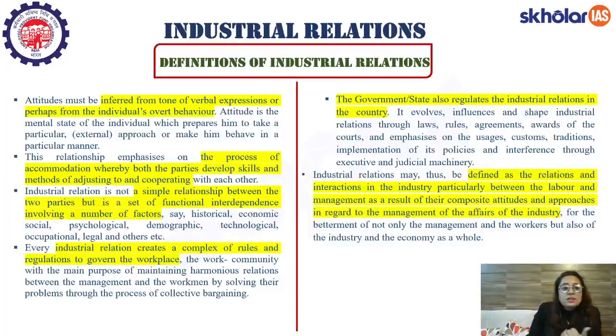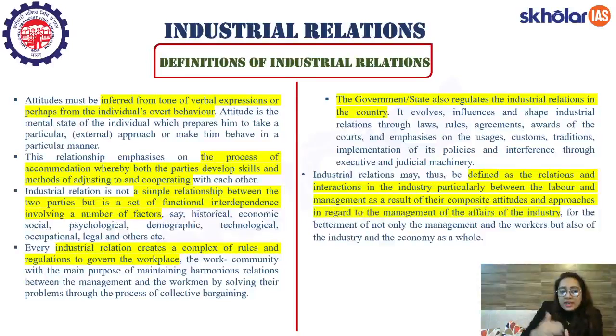Okay. Then industrial relation is not a simple relationship between the two parties, but is a set of functional interdependence involving a number of factors, say historical, economical, social, psychological, demographical, technological, occupational, legal, and others. So there are certain interdependent elements, which are connoted as factors over here.